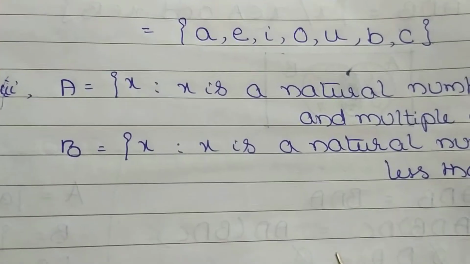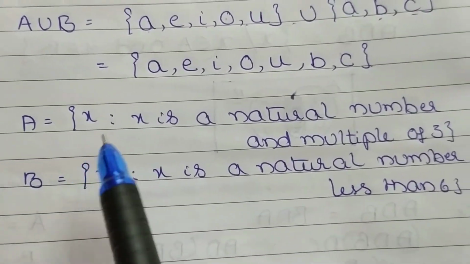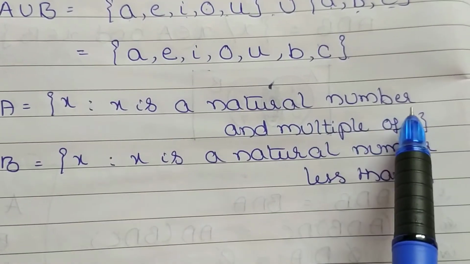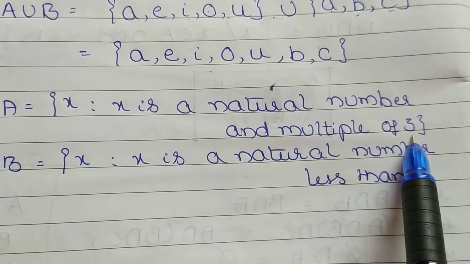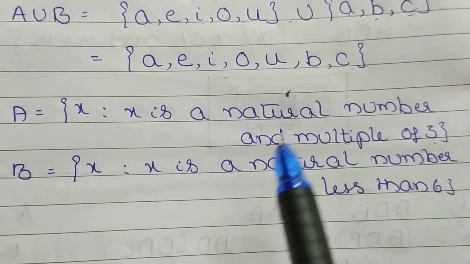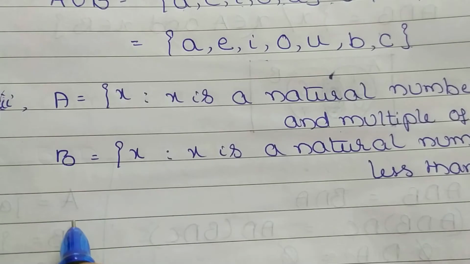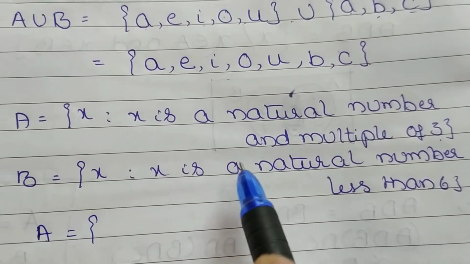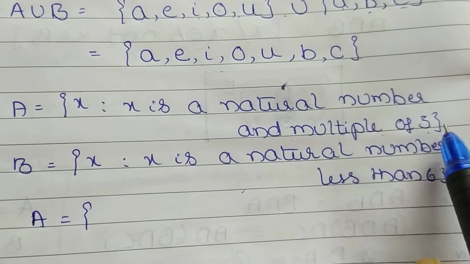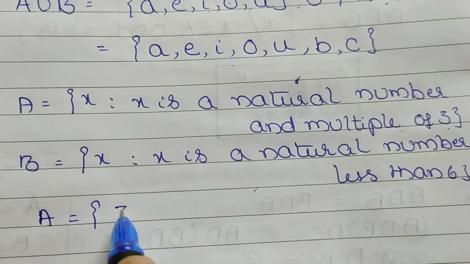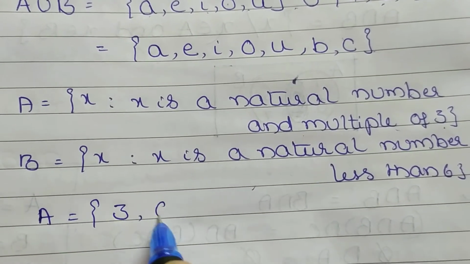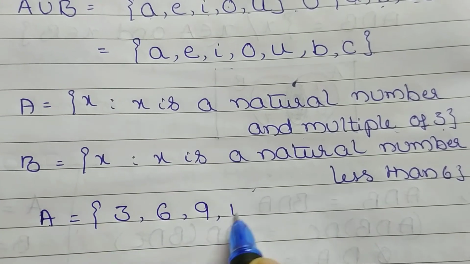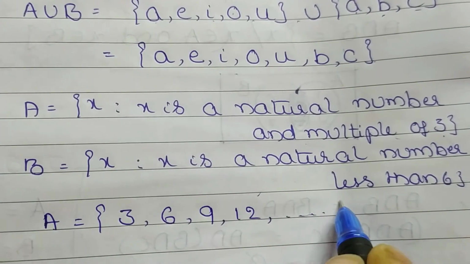Now coming to the third question, they gave A equals to {x such that x is a natural number and it is a multiple of 3}. So they gave it in the set builder form. Let us write it in the roster form first. Multiple of 3 means 3 ones are 3, 3 twos are 6, 3 threes 9, 3 fours 12, and so on.